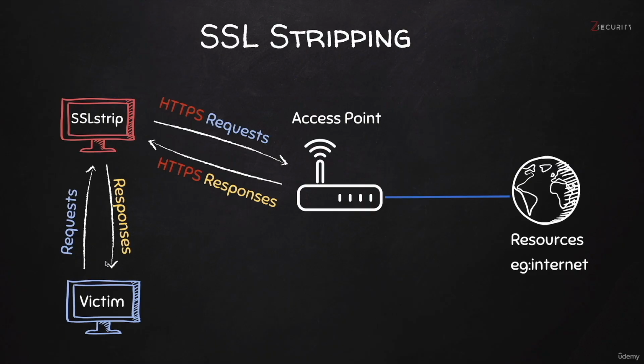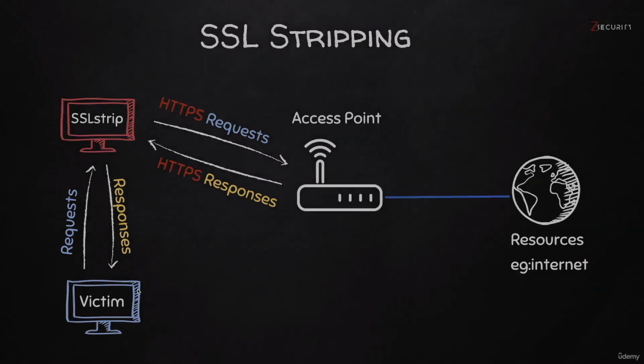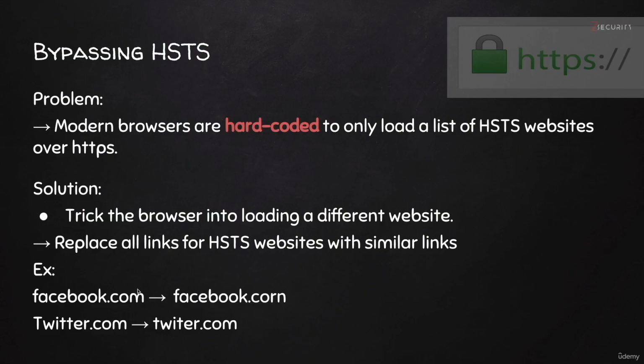So there's nothing we can do really once we become the man in the middle, because the browser is doing this check locally. It's checking this against a list that is stored on the computer itself. Therefore, the only practical solution at the moment to bypass HSTS is to make the browser think that it is loading another website.